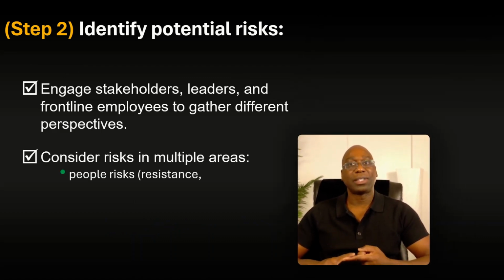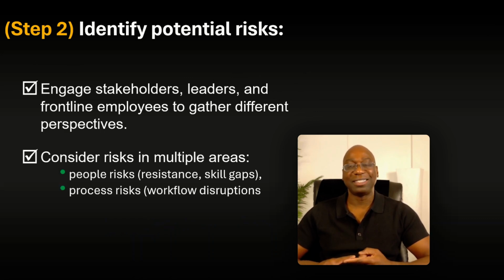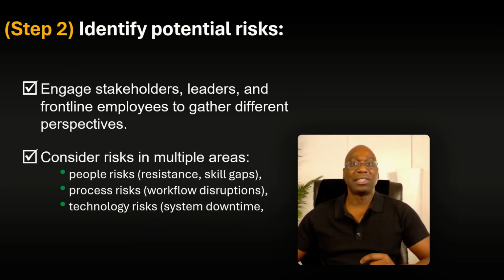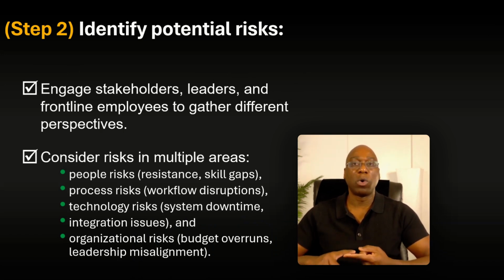So people risk, for example, the potential for resistance or knowledge and skill gaps. You want to do those assessments. Another one is process risk. Process risk is very important. So you want to look at workflow disruptions, technology risk, system downtime, especially when you get to go-live weekend.